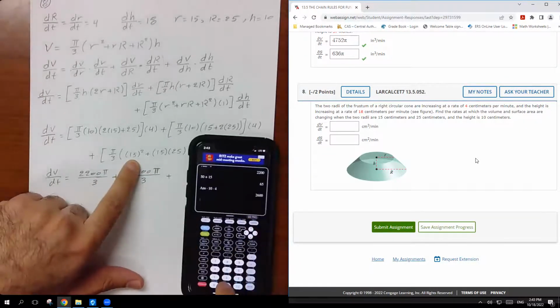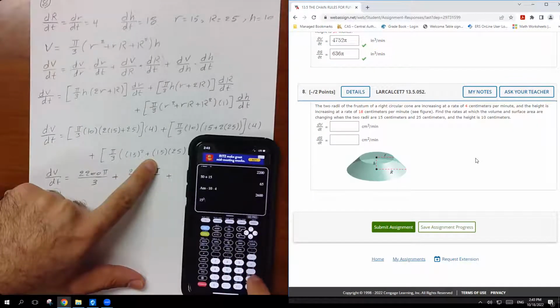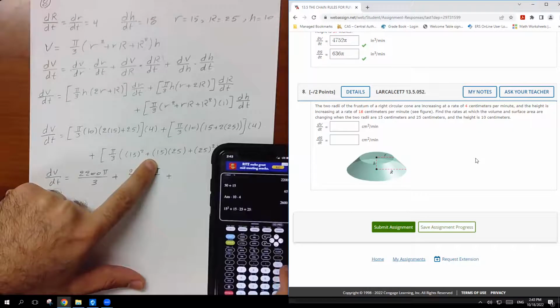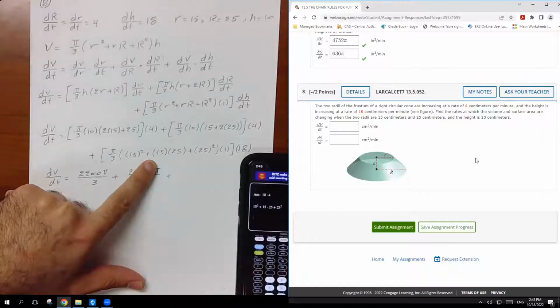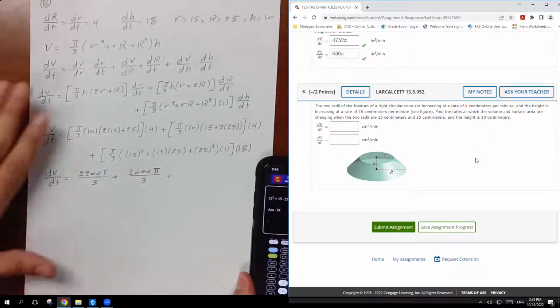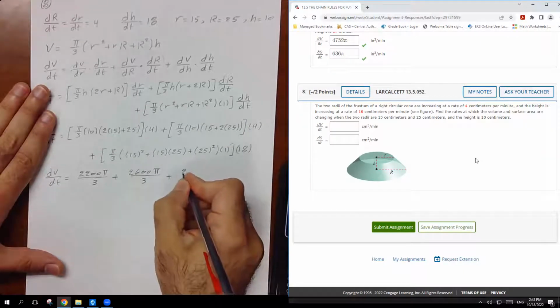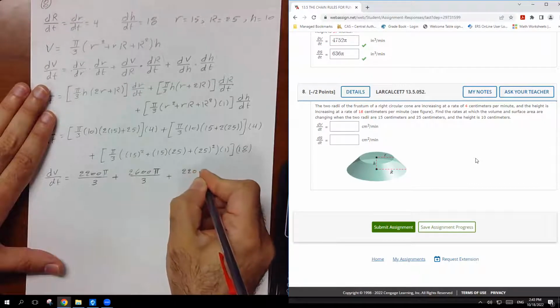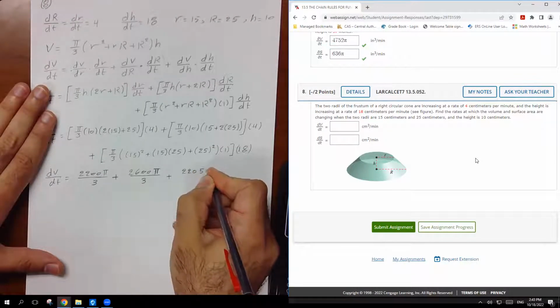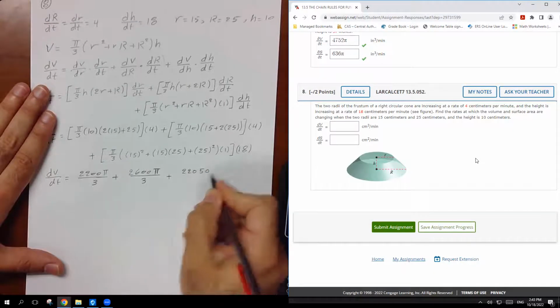This is 15 squared plus 15 times 25, plus 25 squared, which is 1,225, and everything times 18. And be careful, I think 18 you can simplify by 3, but I'm going to keep it this big number because we can add it with this one. So it's going to be 22,050 pi, and everything is divided by 3.